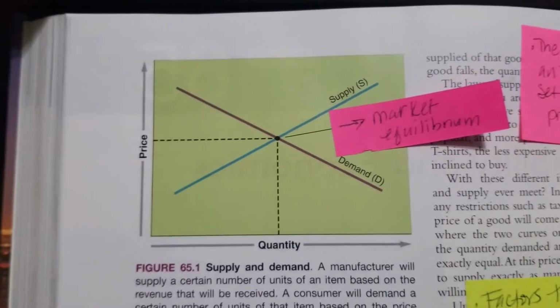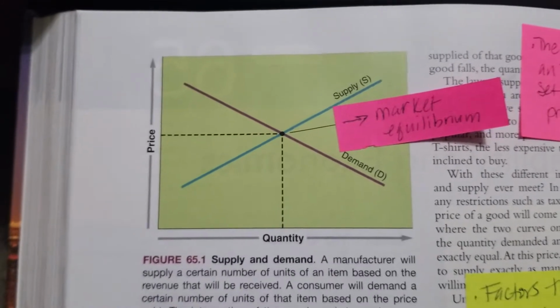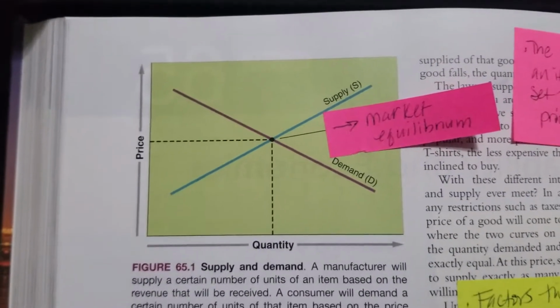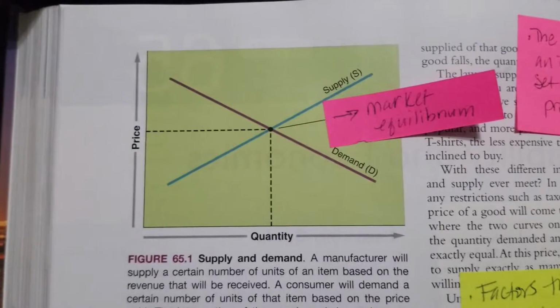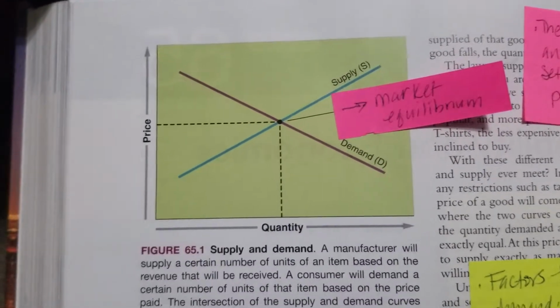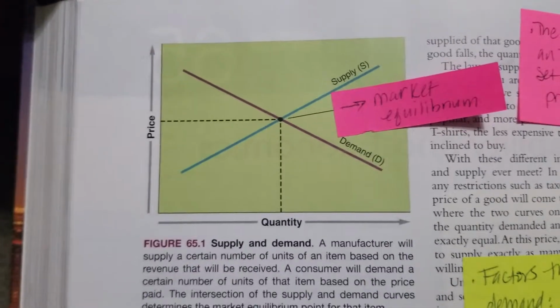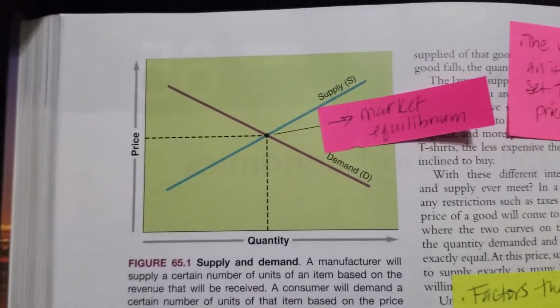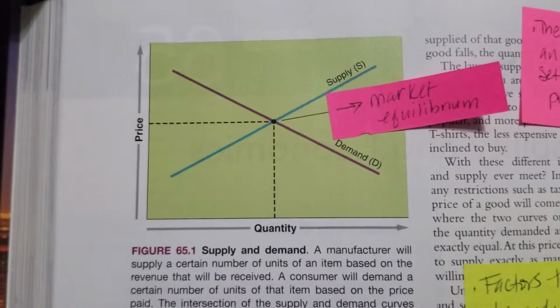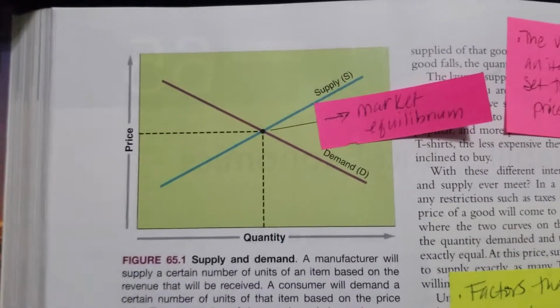This doesn't take into account any externalities, which we did talk about a few chapters ago. Externalities are the true cost that a good has. That takes into account what type of resources were used to make that product, which this doesn't. This is just supply and demand, very simple.